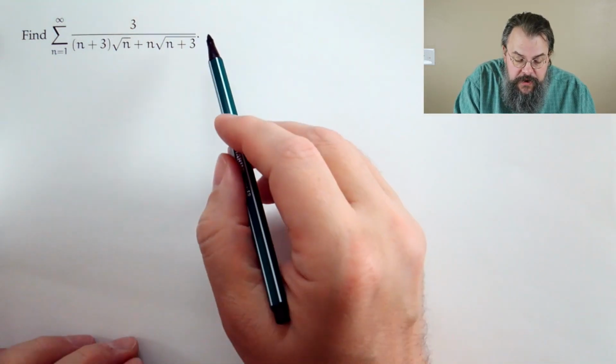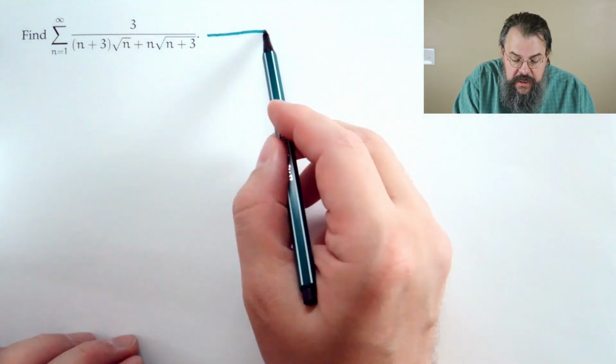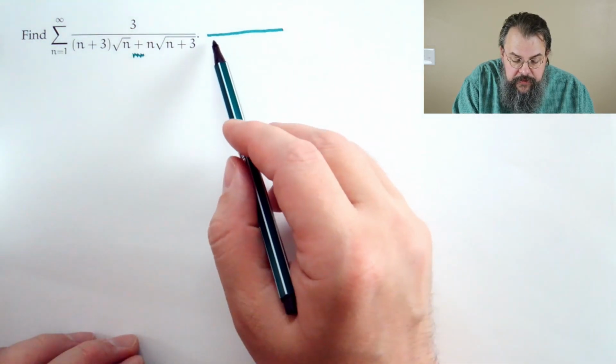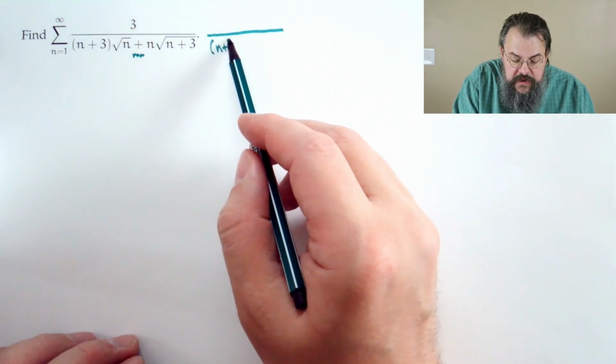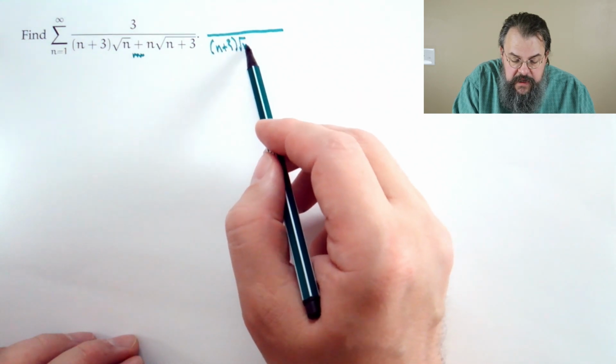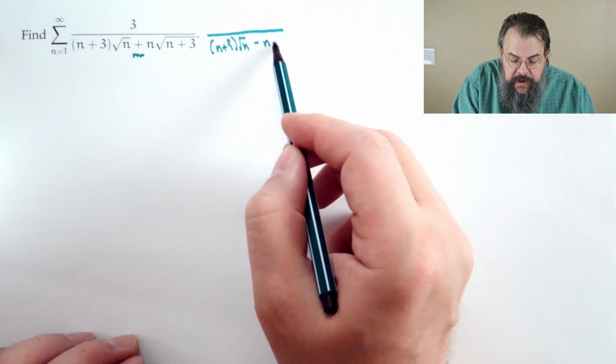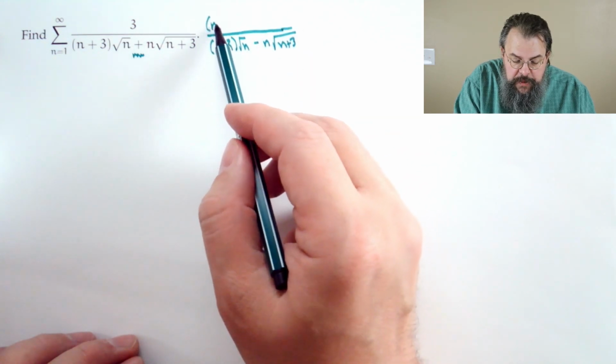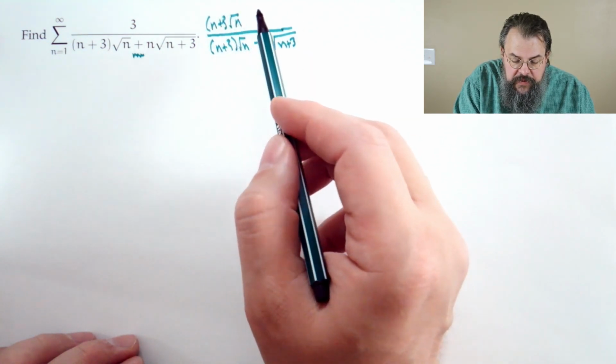Okay, so we're going to multiply by the conjugate, and here it just says we're going to change that sign in the middle. So we'll have n plus 3 times square root of n minus n times square root of n plus 3. And we're going to multiply both top and bottom.